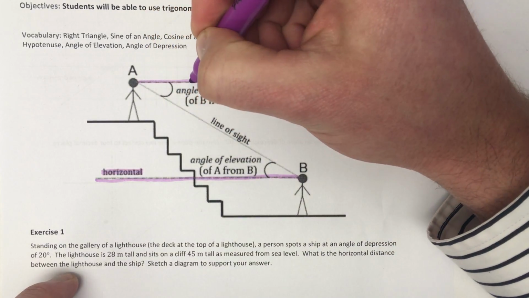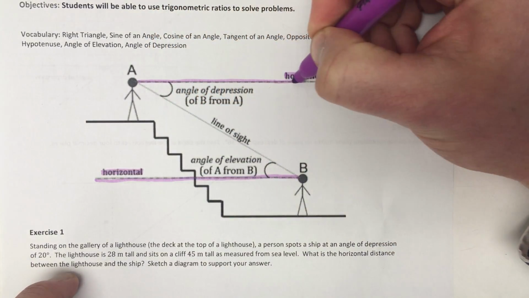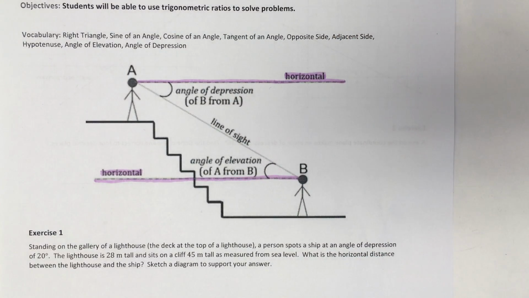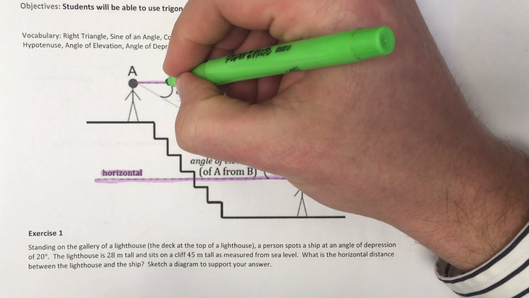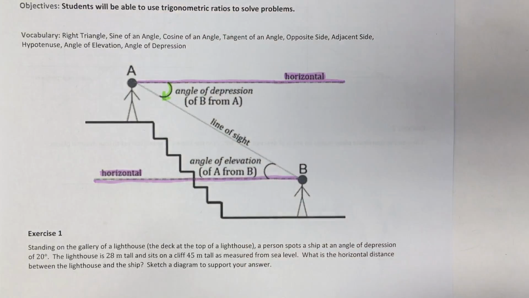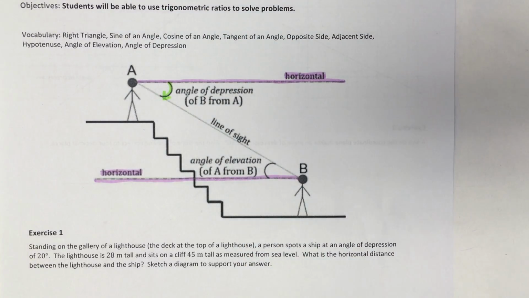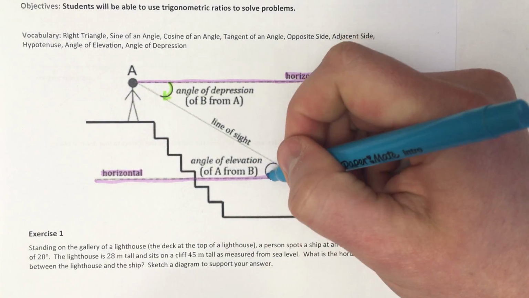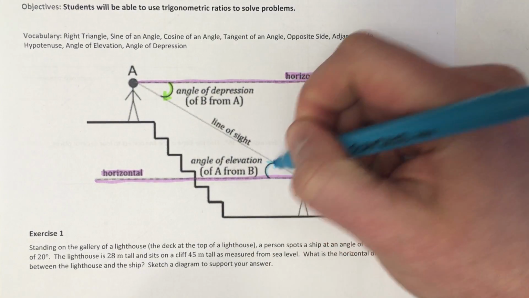From that, we get two different angle definitions. One is the angle of depression, and depression really just means going down. The other is the angle of elevation, which just means elevation, going up.